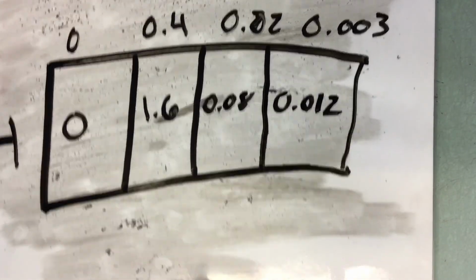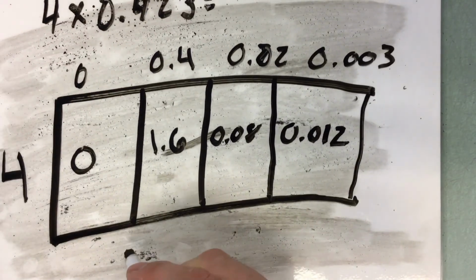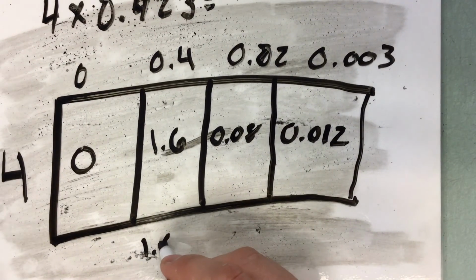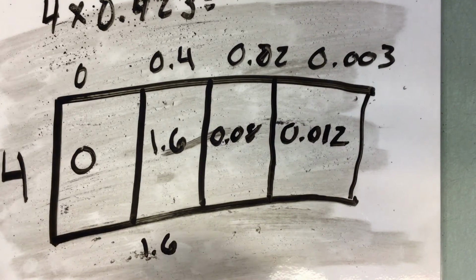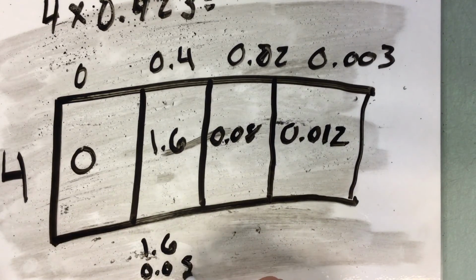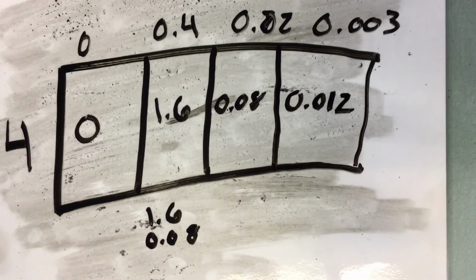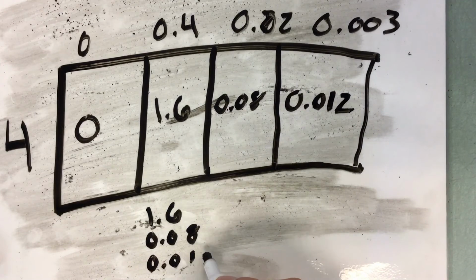Now I just need to add these totals up. So I have 1.6, or 1 and 6 tenths. I have 0 ones, 0 tenths, and 8 hundredths. And I have 0 ones, 0 tenths, and 12 thousandths.